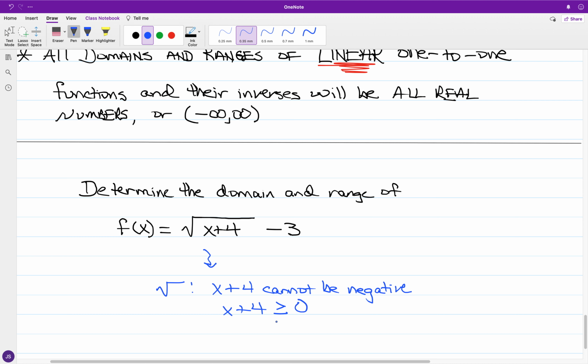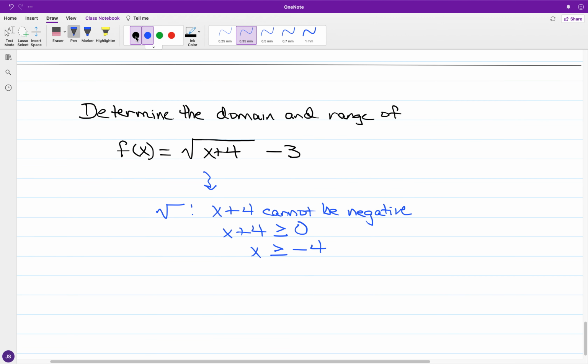Okay, so x plus 4 is greater than or equal to 0. And so x is going to be greater than or equal to negative 4. So this is going to signal, at least for the domain portion, that x is greater than or equal to negative 4.